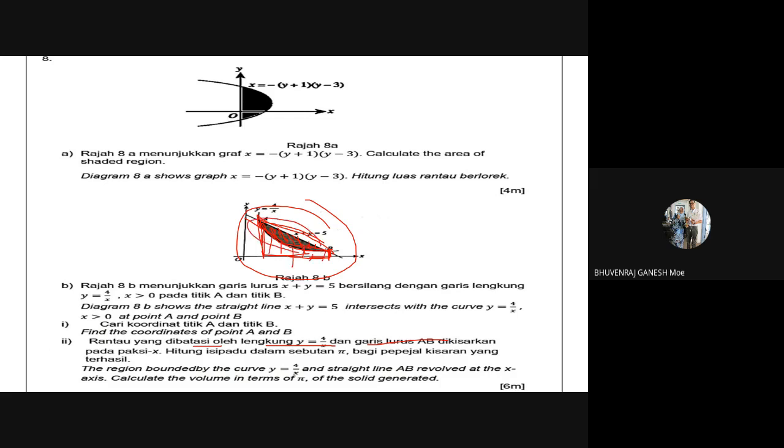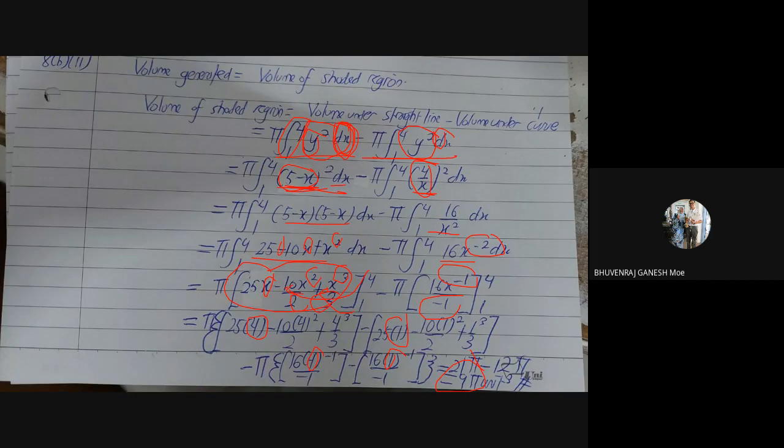I will get the volume of the shaded region. Boleh faham sekarang? Saya ambil seluruh, tolak dengan yang tak berlorek. Dapat yang berlorek. Okay. So itulah jawapan untuk soalan 2.